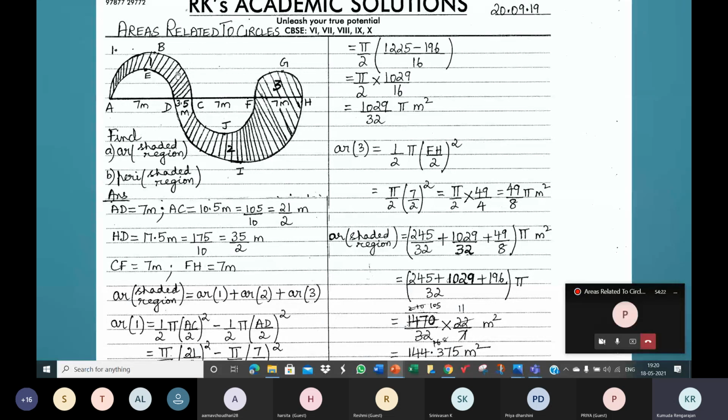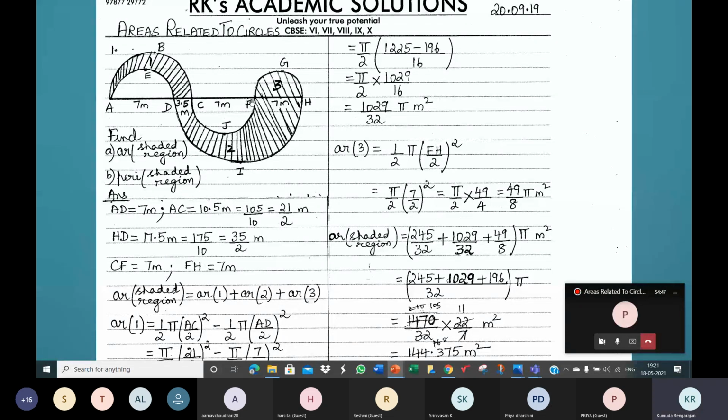All right. So to find the area of the shaded region, it is the area of region 1 plus the area of region 2 plus the area of region 3. Area of region 3 is direct. It's a semicircle, so don't forget to use half pi r square, where r is 7 by 2. How do you find the area of region 2? It's the area of this semicircle minus the area of this semicircle.